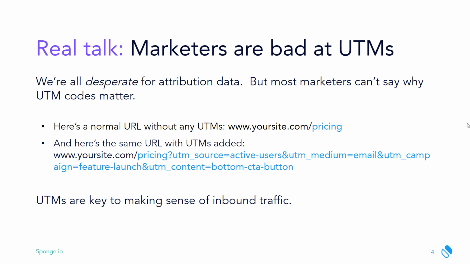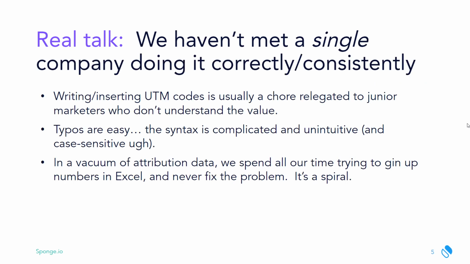It's generally just parameters we append to a URL to find out where traffic is coming from. Everyone is really looking for this attribution data, but people are generally pretty bad about using it. So UTMs are pretty critical in terms of attributing traffic to the original source of where they came from.